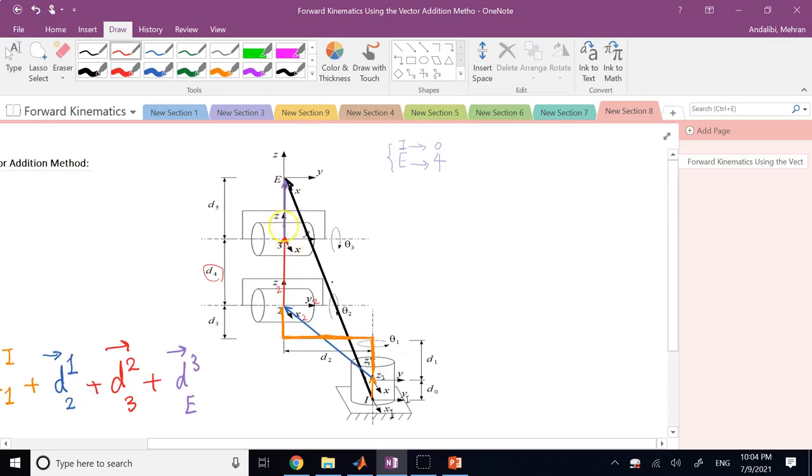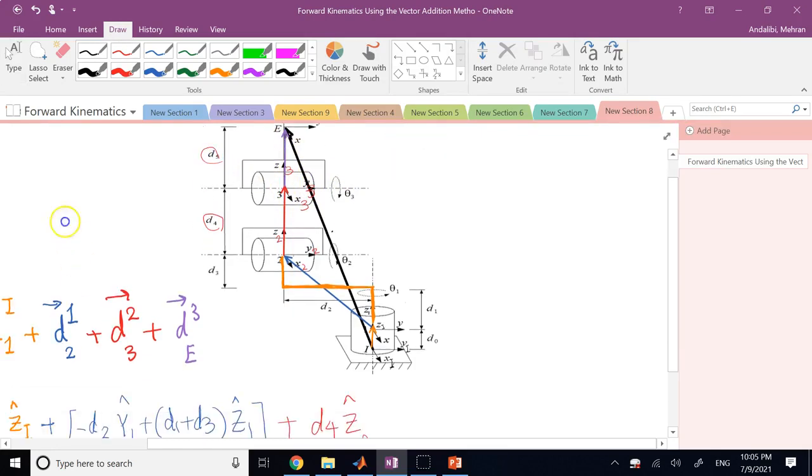And finally, as you can see, frame 3 is attached to this member in purple, which goes from origin of 3 to E. This guy is rotating with angle theta 3 about y3. If you want to go from origin of 3 to origin of E, you need to go a distance of d5 about z3.